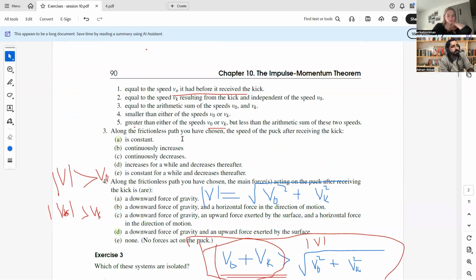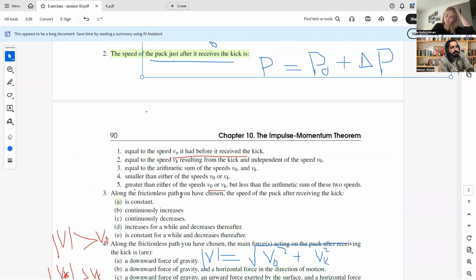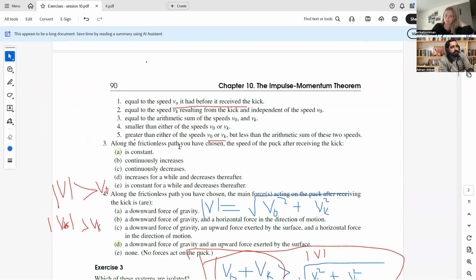Along the frictionless path, the speed of the puck just after it received the kick is: constant, continuously increasing, continuously decreasing, increasing for a while and decreasing thereafter, or constant for a while and decreasing thereafter. Okay, the correct option is A.